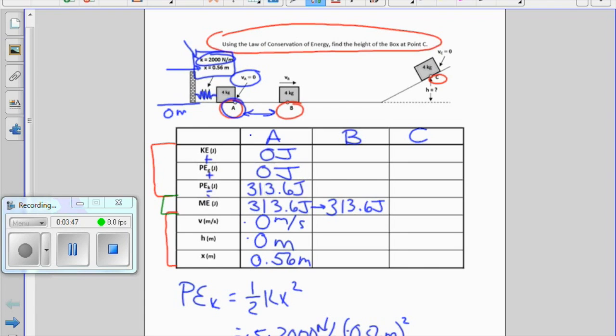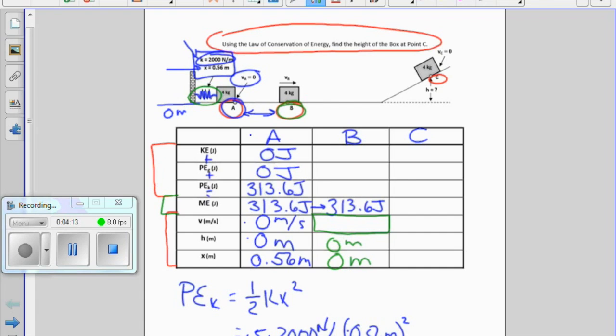I now take a look at what my box is doing at point B. At point B, I have some velocity I do not know. This is an unknown quantity. I still have a 0 height, and I don't have a spring to compress. There's no symbol like this, so there is a 0 meter compression of the spring.